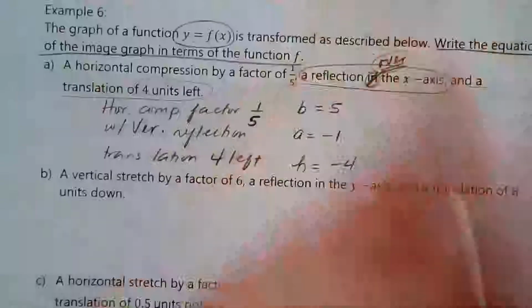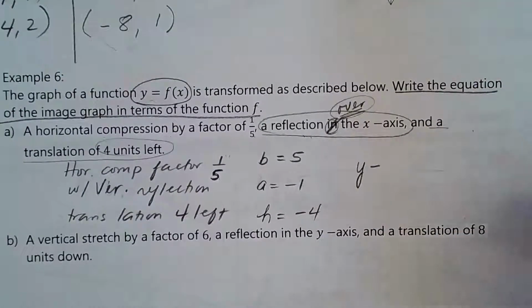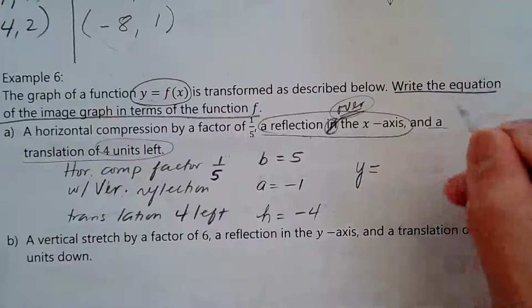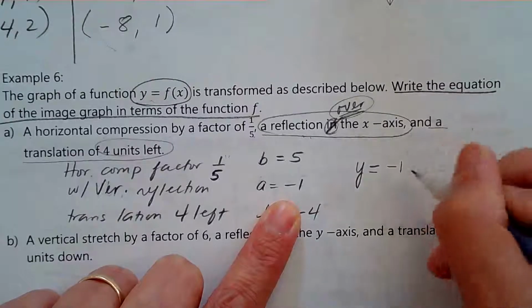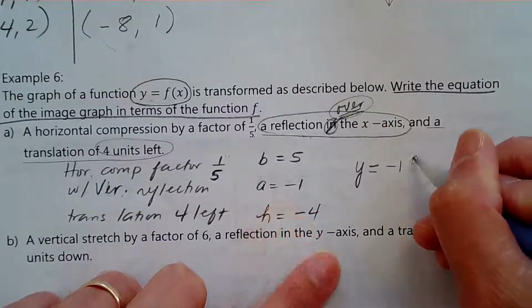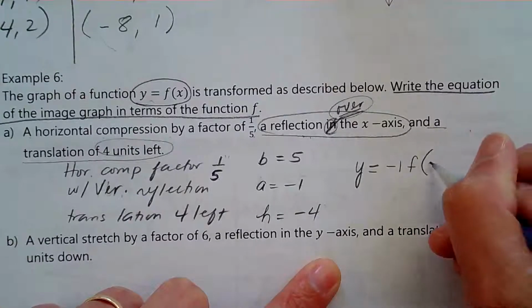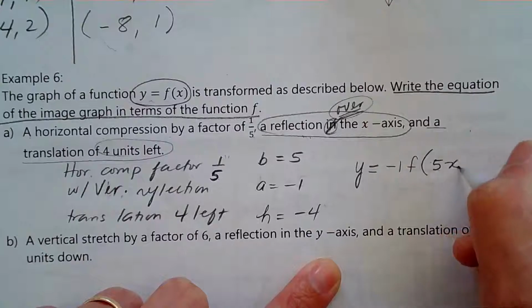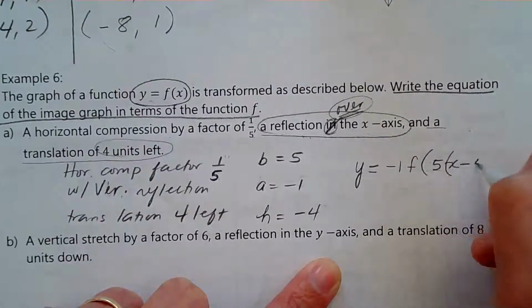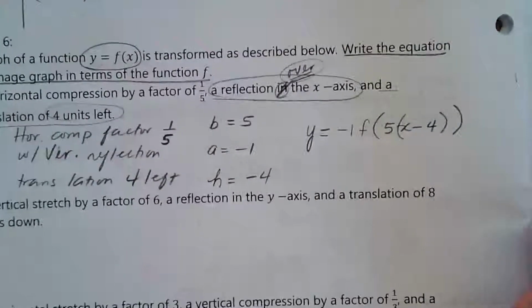Okay, so let's put it together. There's no vertical translation, so just y equals, A is -1. I'm going to just put -1 there for now. f of 5 times x and then -4.